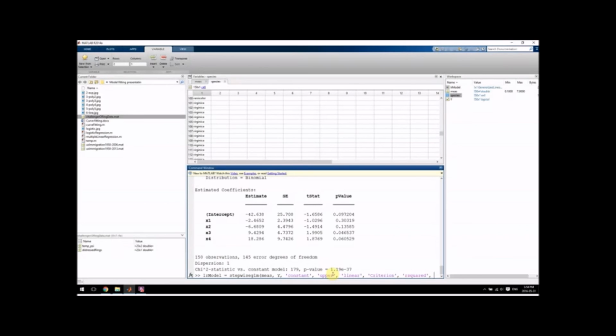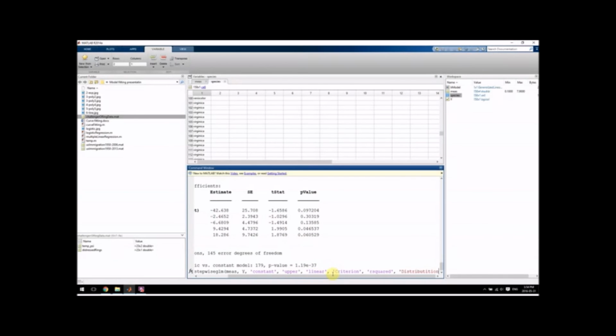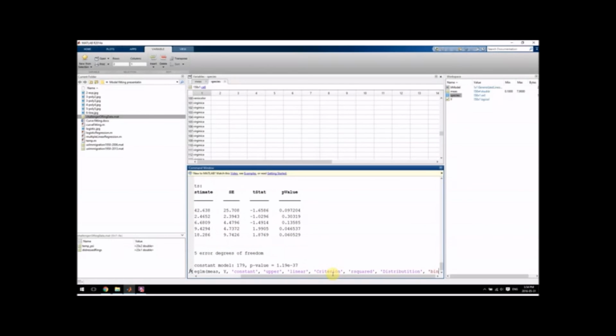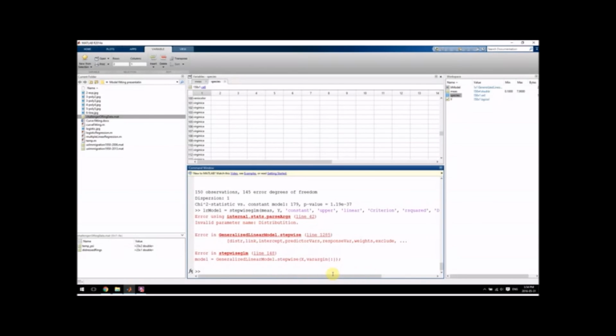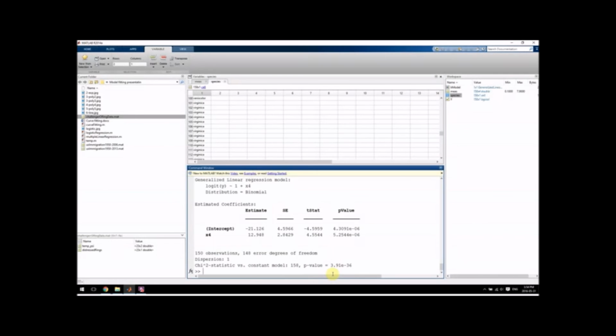R-squared. There's other criteria you can use as well. Some are probably better for different situations. You probably could consult a statistician to get all the options. Oh, what did I do wrong? Distribution. There we go. Oh, yeah, okay, so it actually looks like we can get away with just one term.